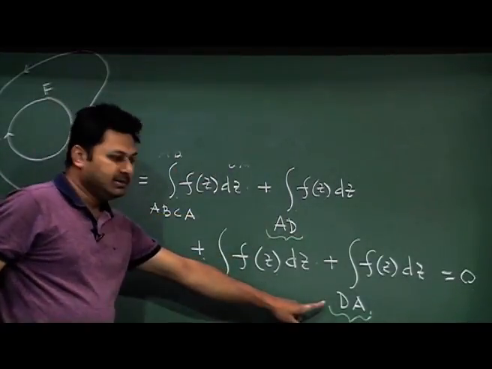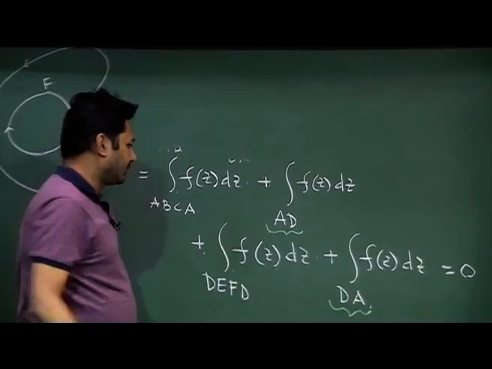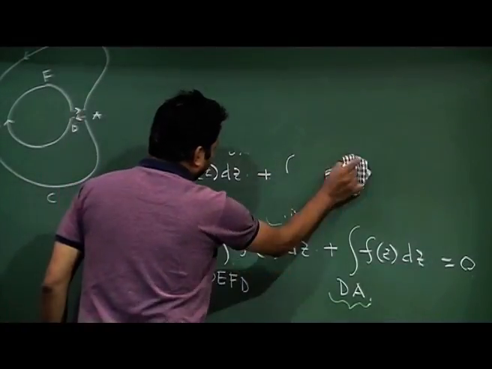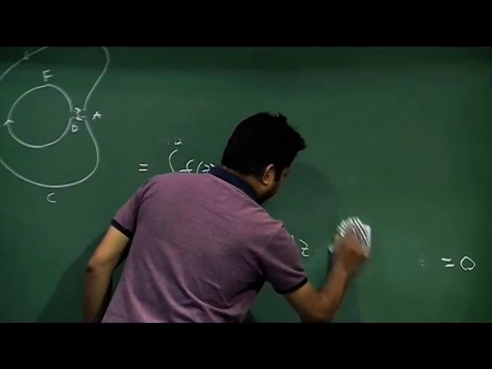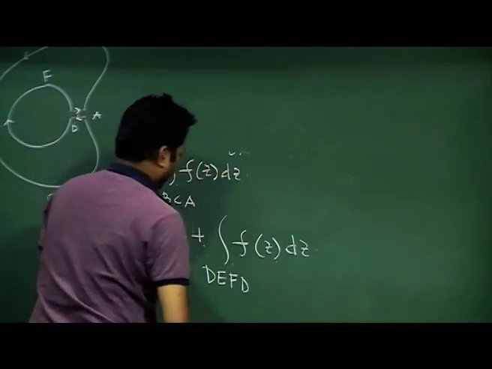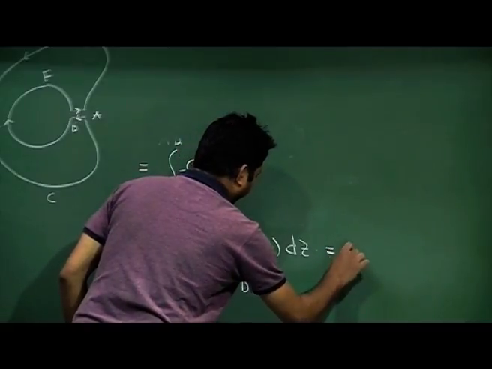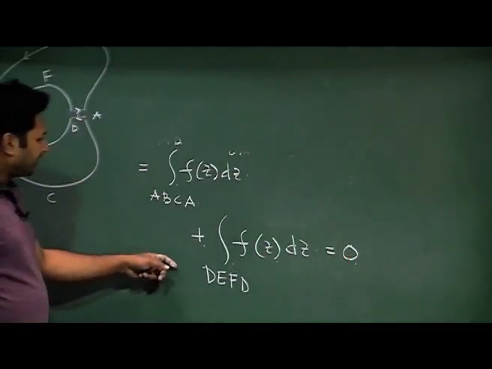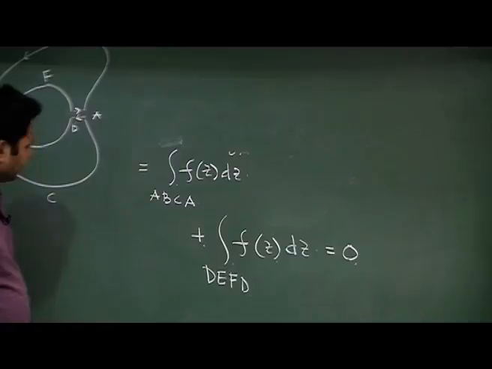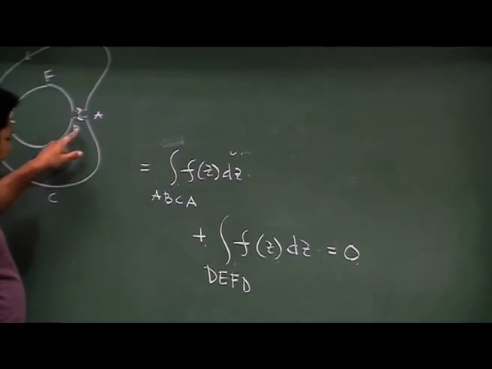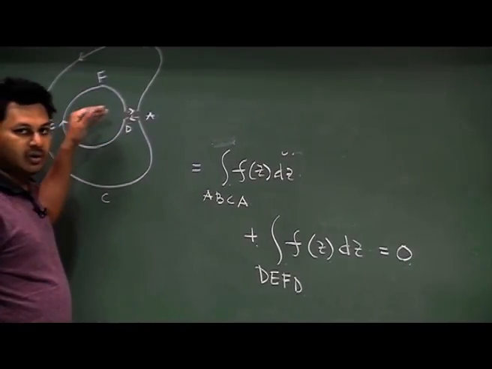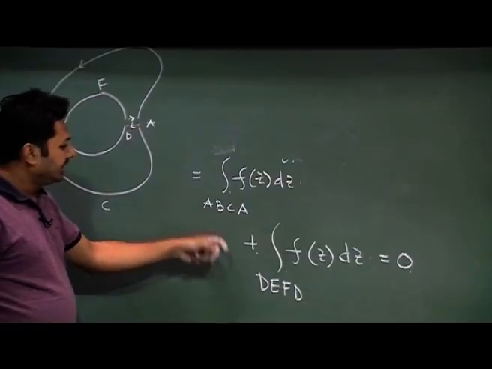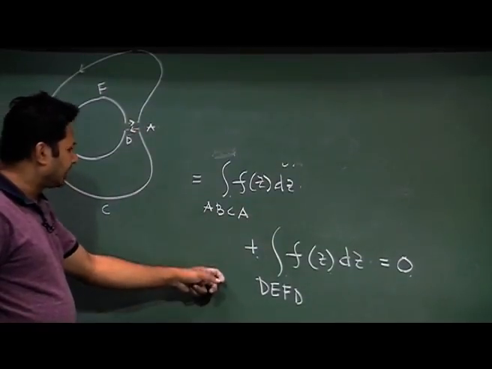So, let me erase this part and this part, and finally, I have two expressions in my hand, one is ABCDA and another is DEFD. Now, the joining is not required because I have already derived these two circles.